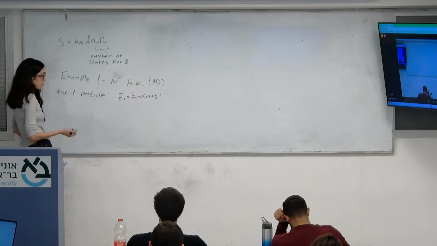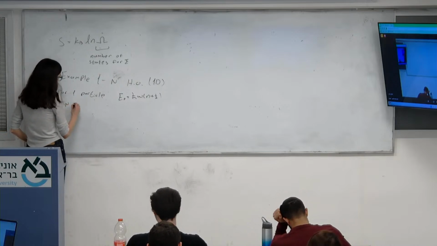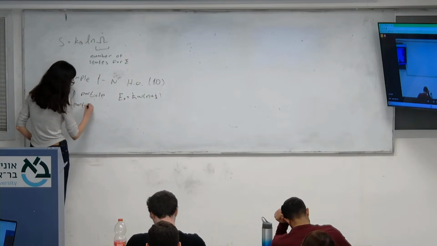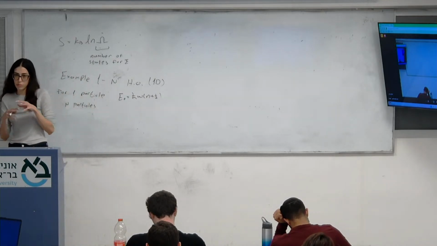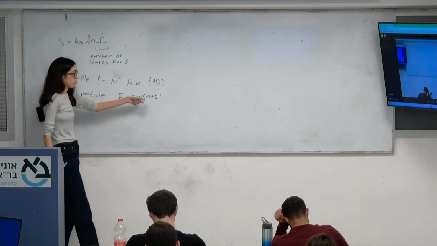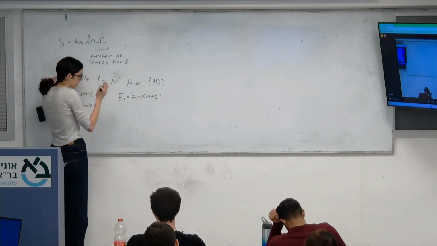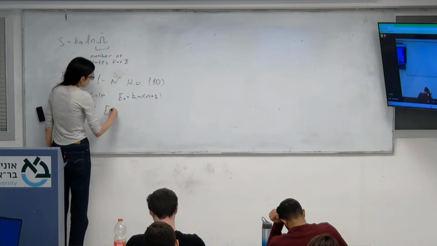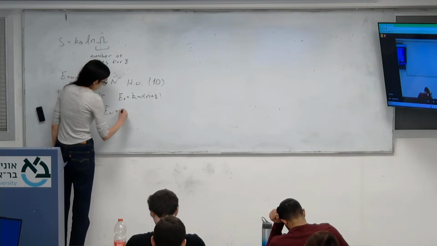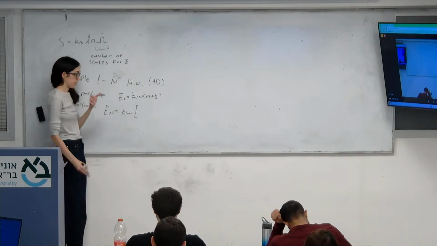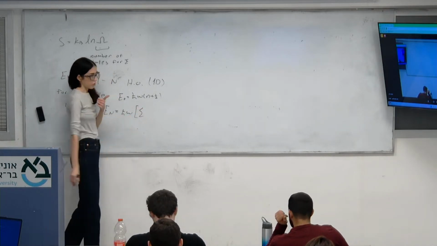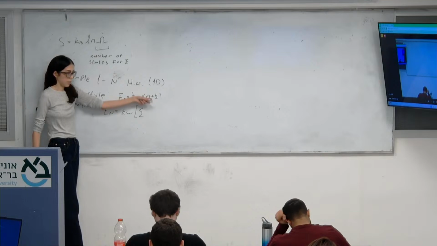Now, if we have n particles, and each of them has a different quantum number, a different value of n, the total energy has first a summation of all of the quantum numbers.